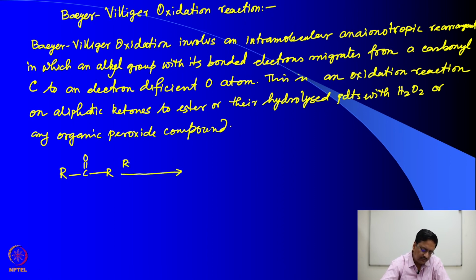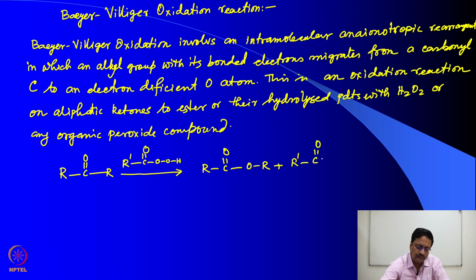It reacts with a peroxy acid to give the RCOOR, the ester, and the peroxy acid gets converted to the simple anion, the acetate anion. So, this reaction takes place through a few steps, which I am going to show in the next slide.